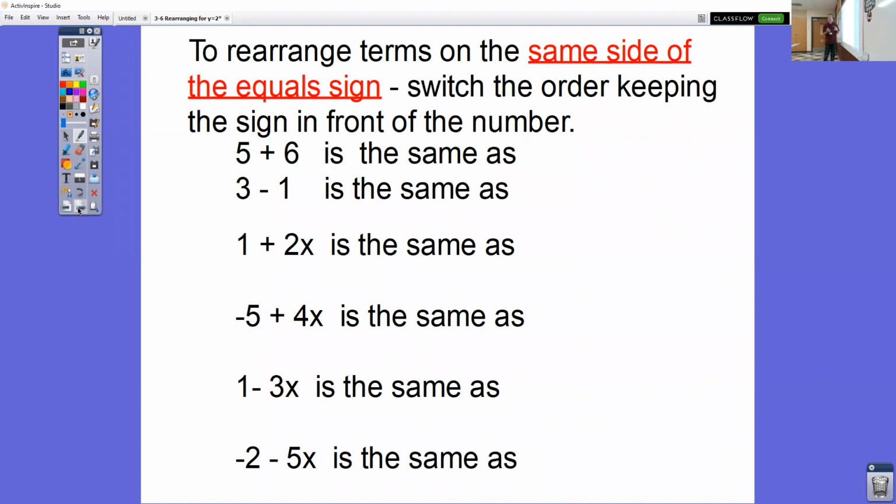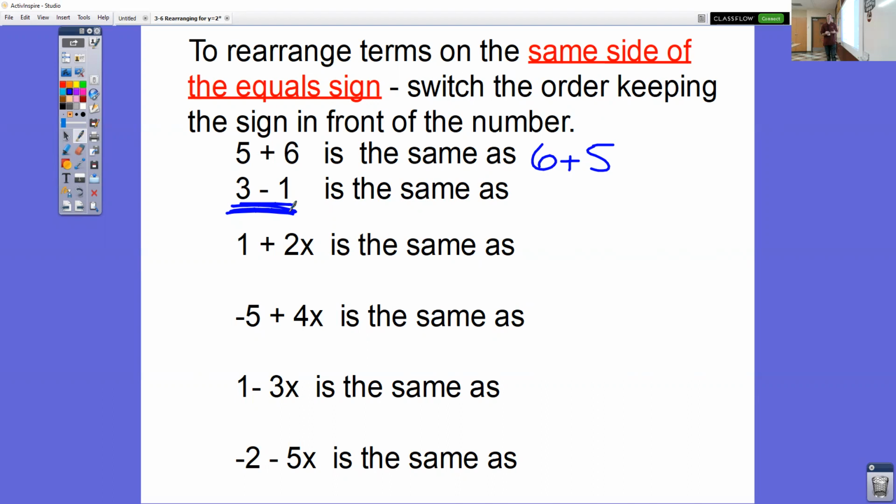Now, your elementary teachers lied to you. They said that you cannot rearrange subtracting equations. They said that you can rearrange adding equations like 5 plus 6. 5 plus 6 is the same thing as 6 plus 5. So you could switch around the order. But they said an equation like 3 minus 1, you can't switch around the order.